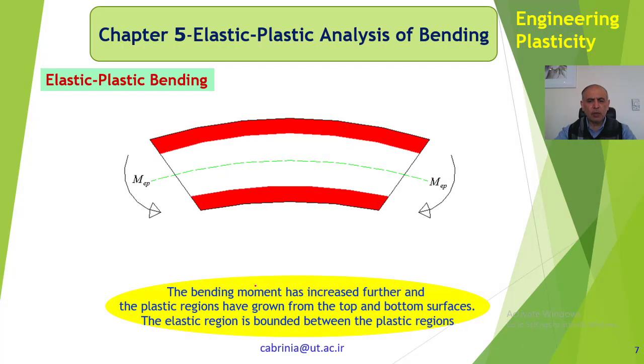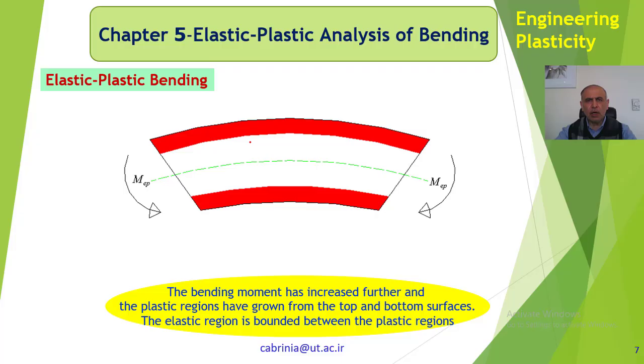And that's what happened. The bending moment has increased further, and the plastic region has grown from the top and bottom surfaces. The elastic region is bounded between the two plastic regions. So we have these plastic regions here, and this white one is the elastic region, which is bounded between these two.